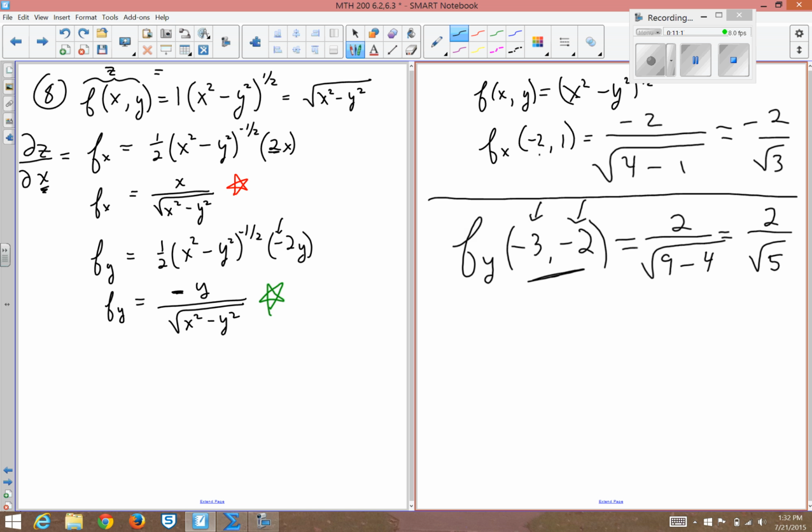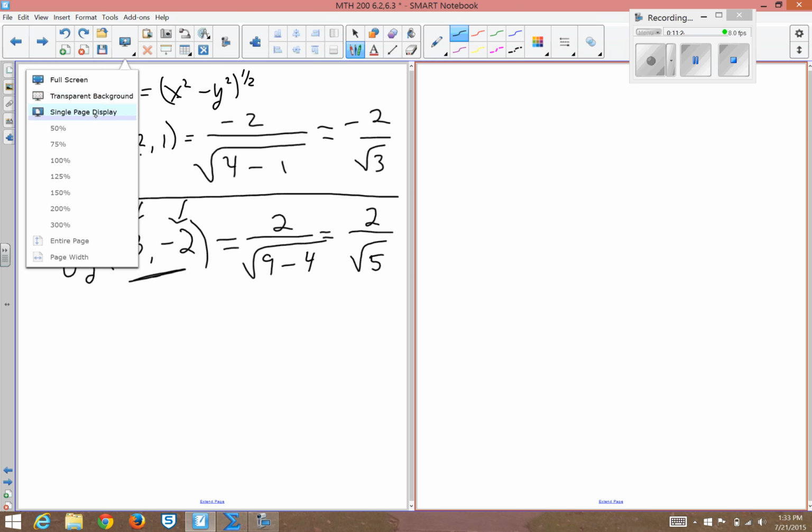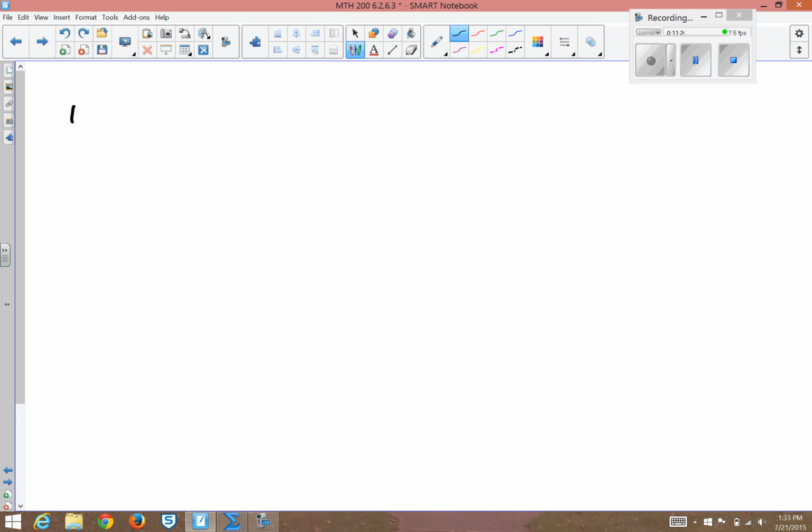That's number 8. I'm going to do one more from this section. Number 42. The Cobb-Douglas model. Riverside Appliances has the following production function for a certain product.